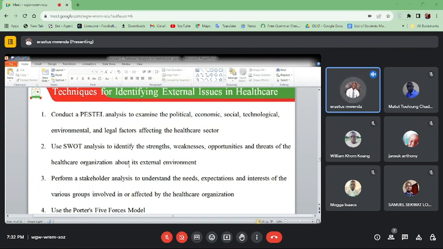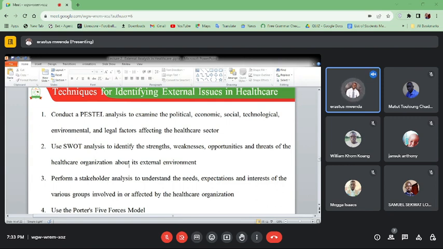All those external issues will affect how our organization operates and how it is able to move forward. Then we have SWOT analysis. I'm sure these ones are clarified in the other slides. I had also mentioned it. We could assess our strengths as a healthcare organization, our weaknesses, our opportunities, and our threats.